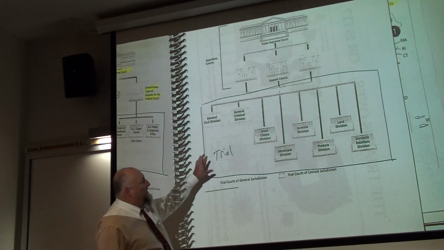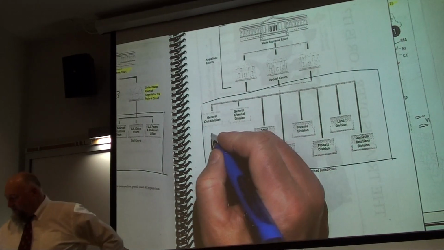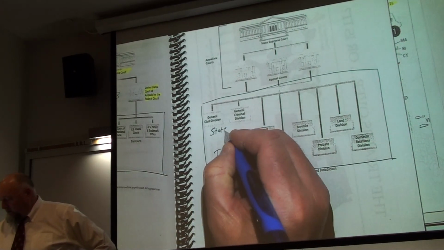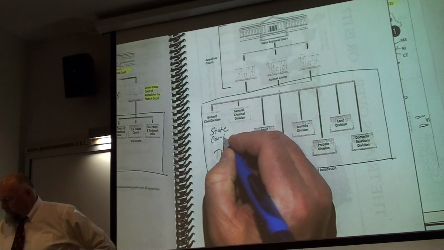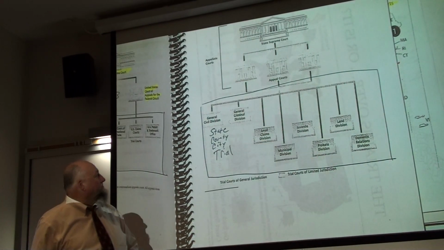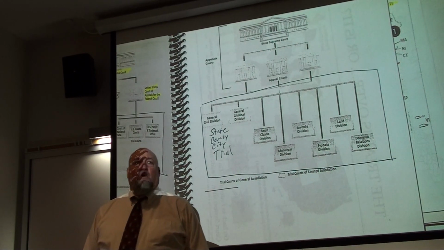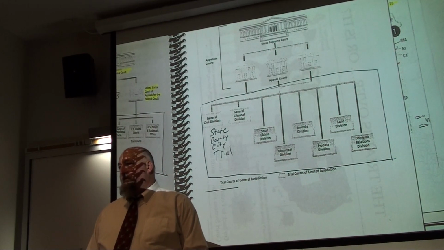But basically you have various trial courts, and this would include state, county, and city level courts. I'm going to lump them all in when we say state courts, the various smaller jurisdictions.